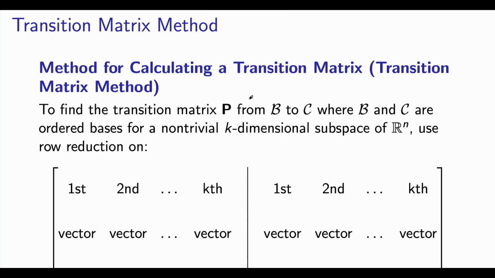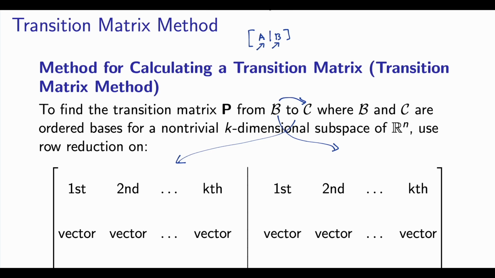If P is the transition matrix from B to C, first write the C vectors column-wise and the B vectors column-wise, and form an augmented matrix like this. Both are matrices: rather than a single column vector on the right-hand side, we are replacing it by a matrix. Once we have the matrix, we can multiply it with a given vector to make sure the coordinatization is possible.